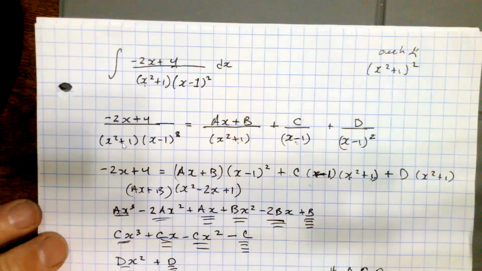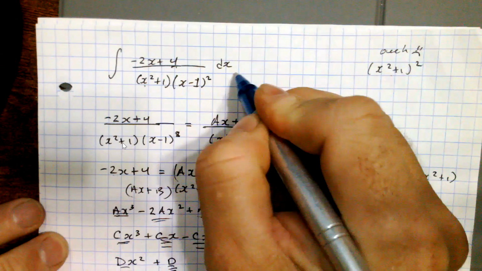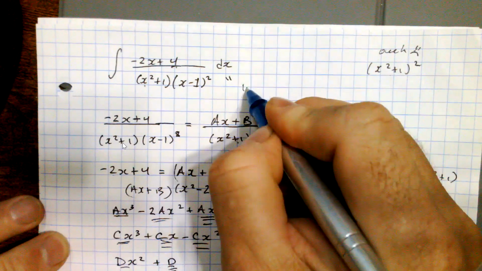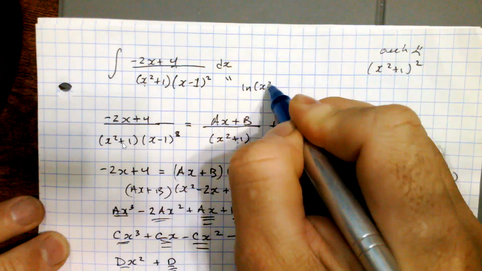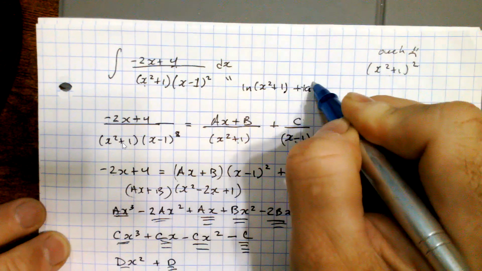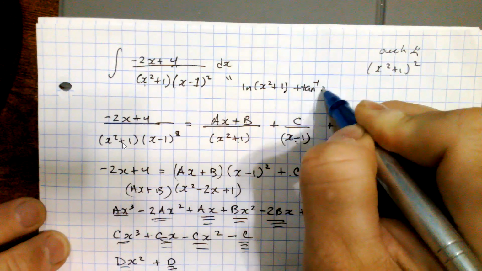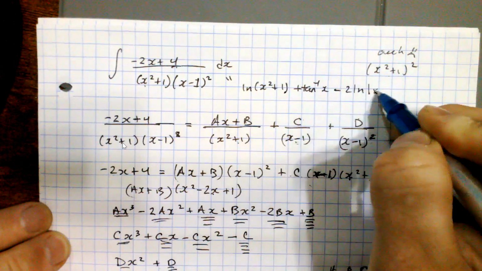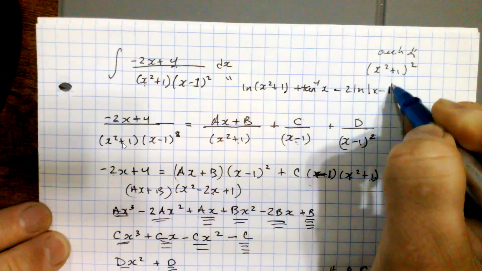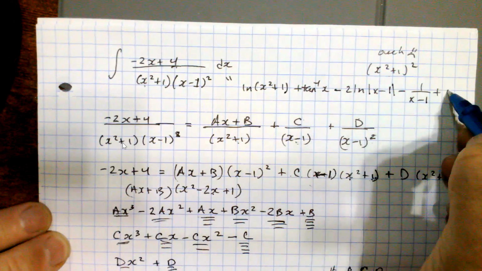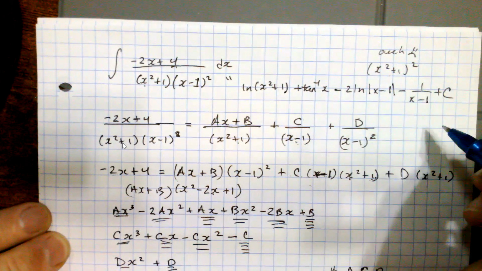Putting all the pieces together, then this integral is simply equal to the natural log of x squared plus 1 plus what we just found, the arctangent of x, minus 2 times the natural log absolute value of x minus 1, minus 1 over x minus 1, plus a constant. Okay. All right.